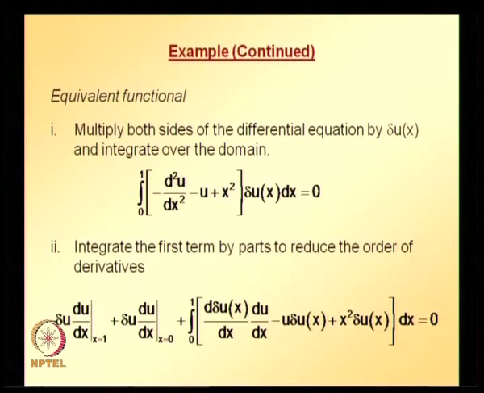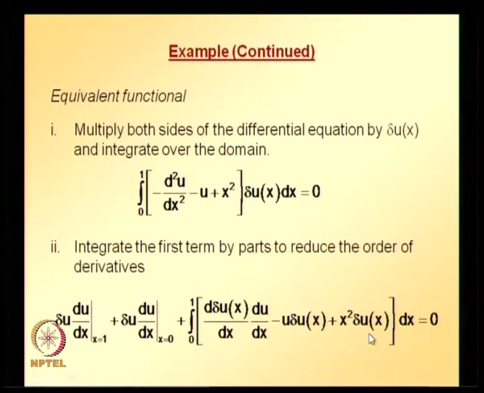That is what is done here. You get this term plus this term and this term, and the u times variation of u and x square times variation of u terms are already there.